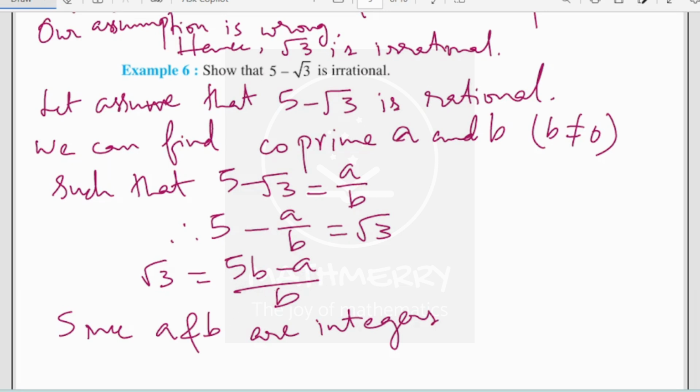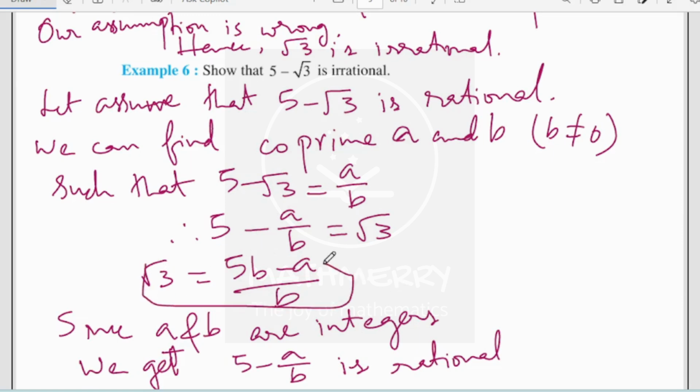So we can say that 5 minus A by B is rational. This part is not necessary, we are only using this.